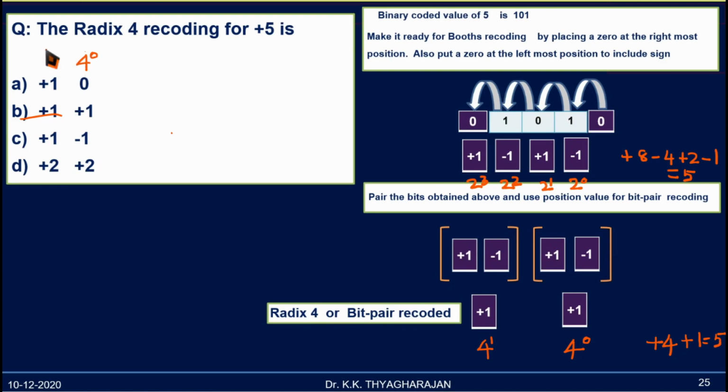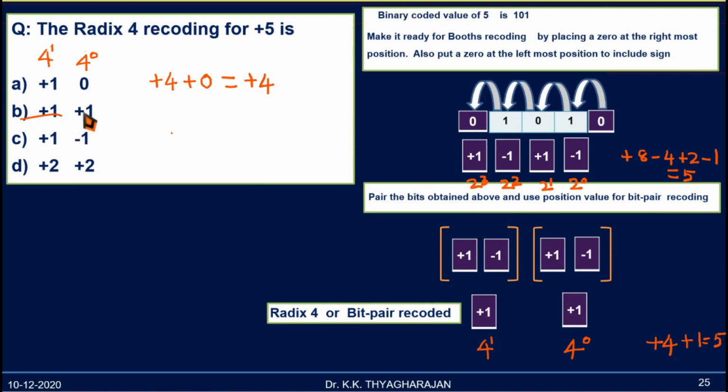The position value for this bit is 4 power 1. So here you have +1. So 4 power 1 is 4. So +1 into 4 is +4. Plus, here you have 0, so it will be 0. So it will be plus 4.